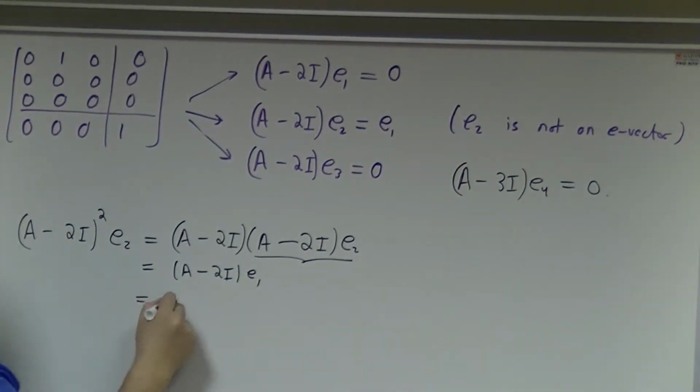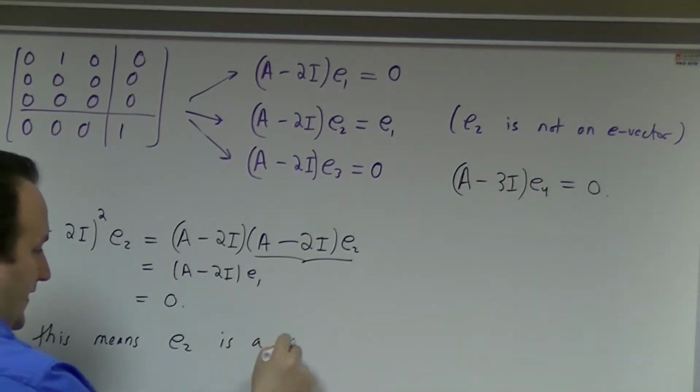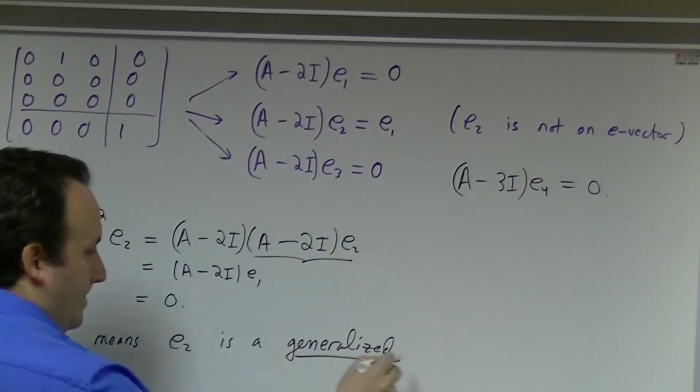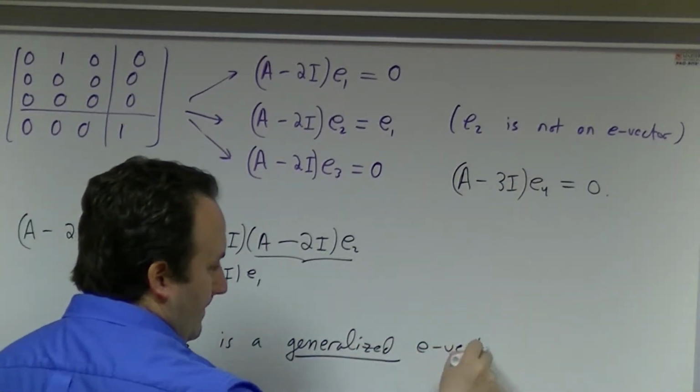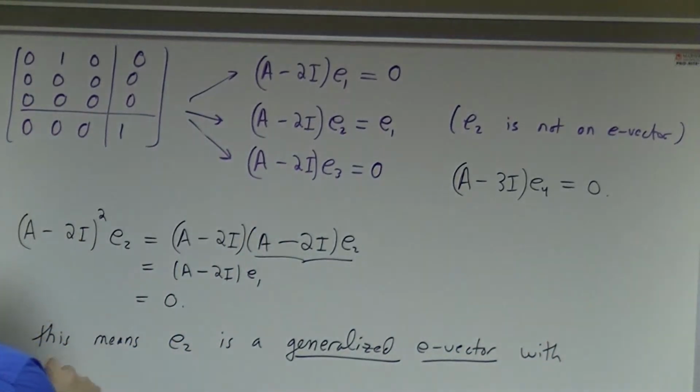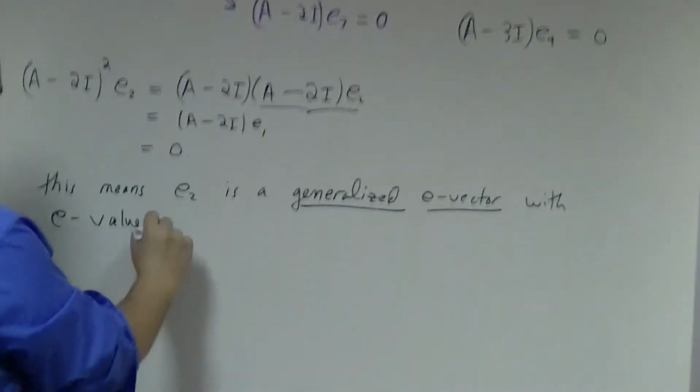Yeah, 0. And so this means that E2 is a generalized eigenvector. Generalized eigenvector with eigenvalue what? Well, in this case, lambda equal to 2, right?